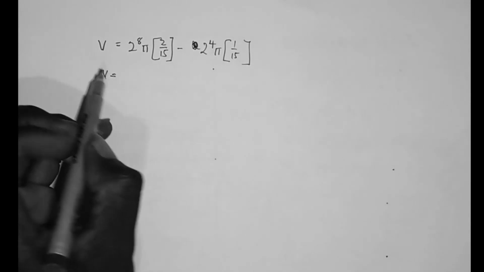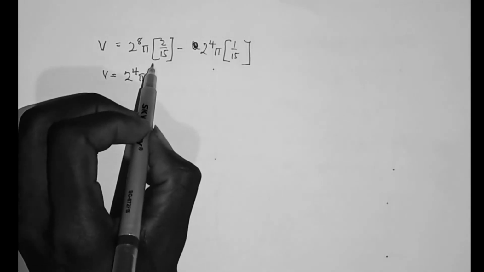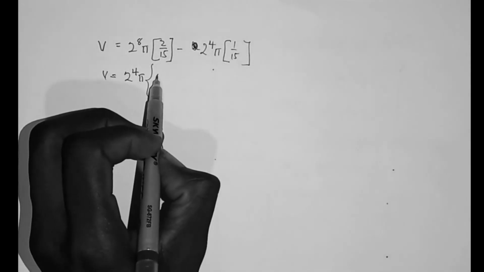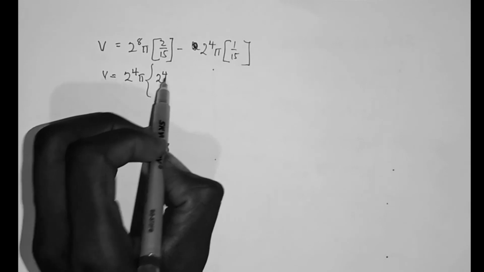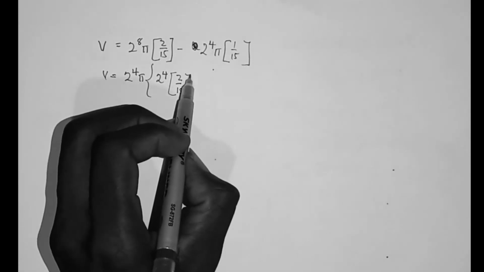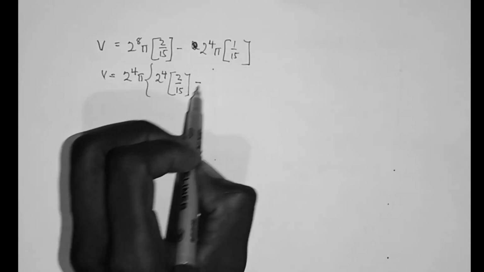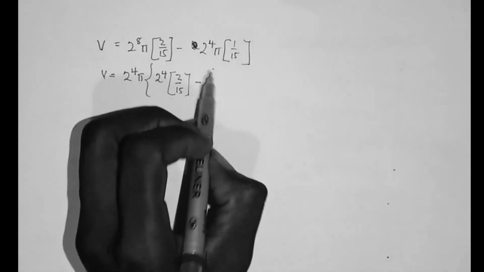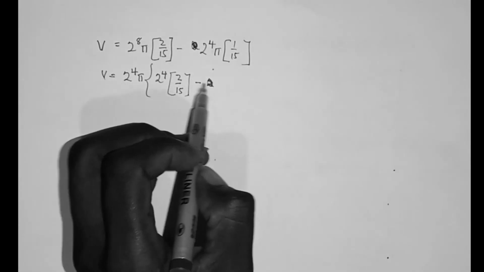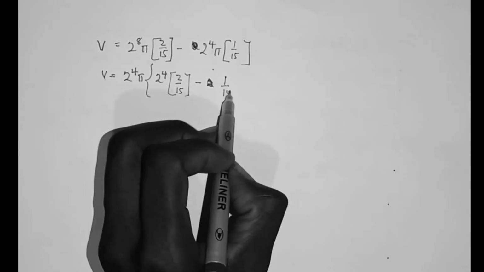So what we can do is factorize 2 exponent 4 pi out. If we factorize 2 exponent 4 pi, we are left with 2 exponent 4 times 2 over 15, then minus 1 over 15.